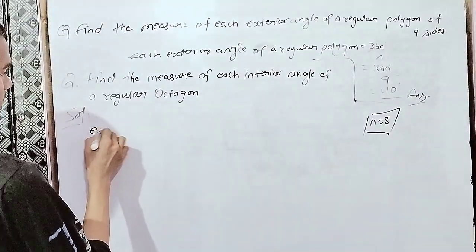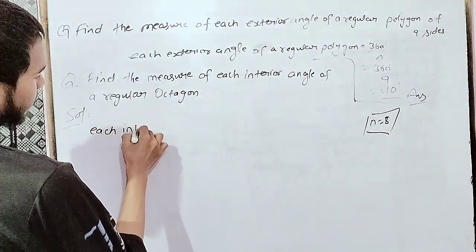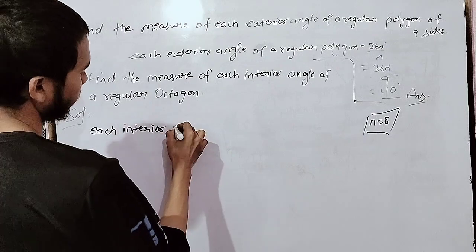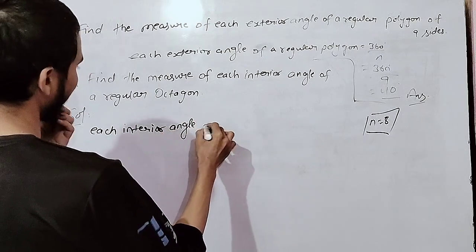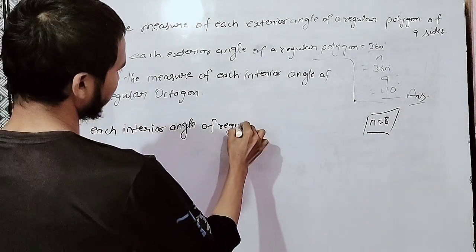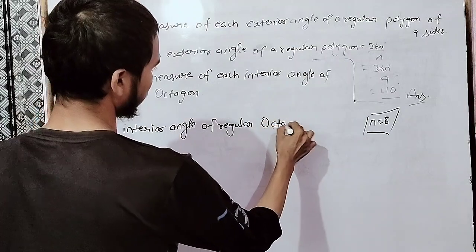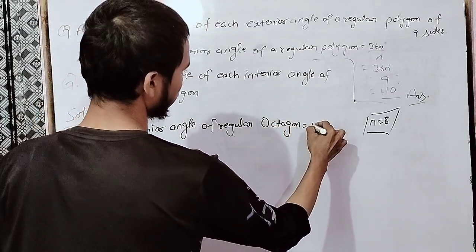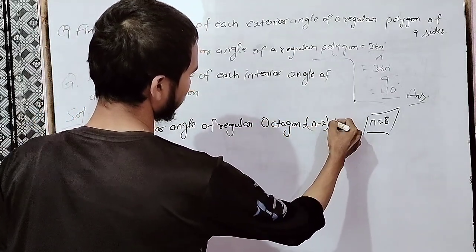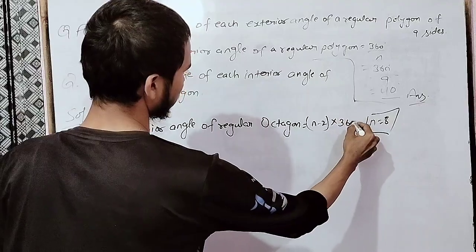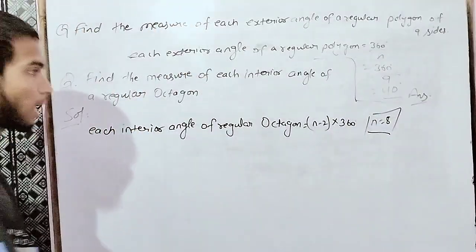So each interior angle of a regular octagon is (n minus 2) multiplied by 360.